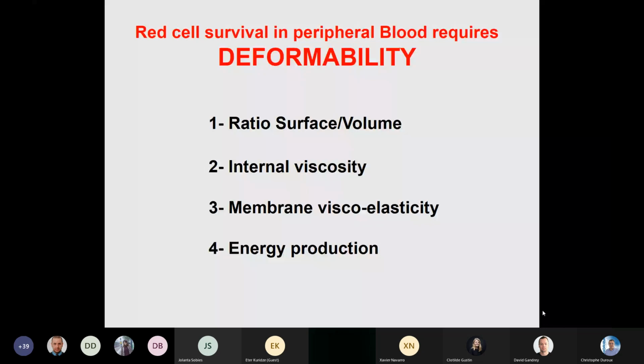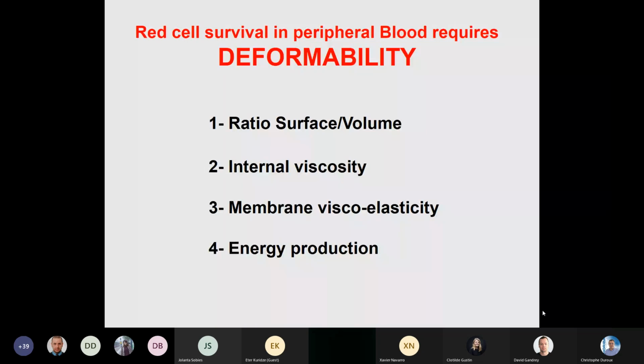You have other factors that may also be involved in this deformability, like, for example, energy production, the glycolysis. I mean, the red cell needs ATP to be deformable, but this is less relevant in this presentation, and we're going to focus on the red cell membrane.